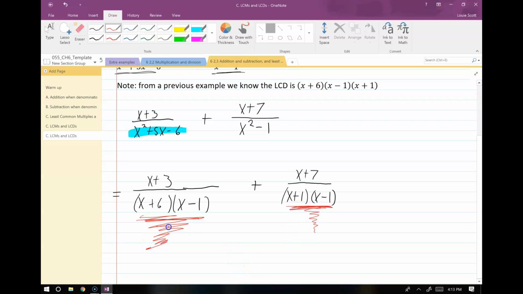That means this first fraction is missing an x plus 1, so we multiply top and bottom by that x plus 1. We do the same thing for the other fraction: its denominator has x plus 1 and x minus 1, but it's missing an x plus 6, so I need to multiply that in top and bottom.